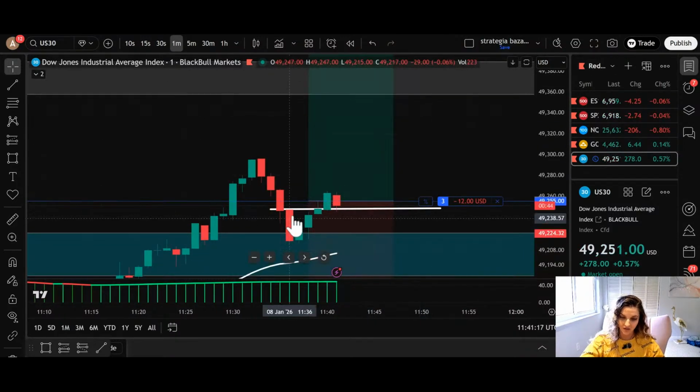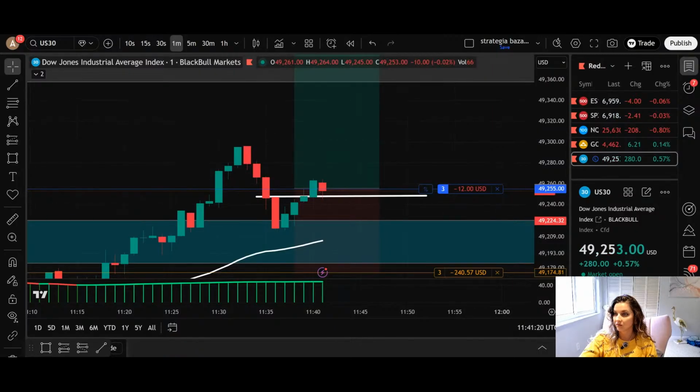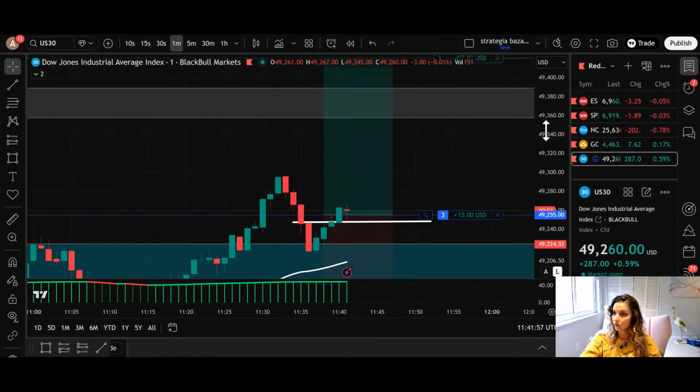I entered for the buy here at the retest of this area. And now we watch how it goes.